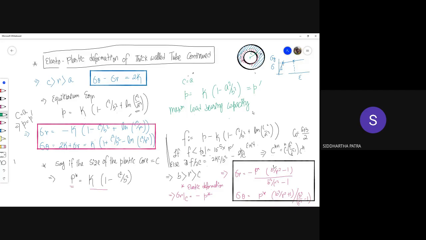And what is the answer? K into ln B squared by A squared. Yes. So that means C equals B. Once the entire cross section has become plastic, and in plasticity you do not have any hardening, no further load can be added, and this is how you get the value.